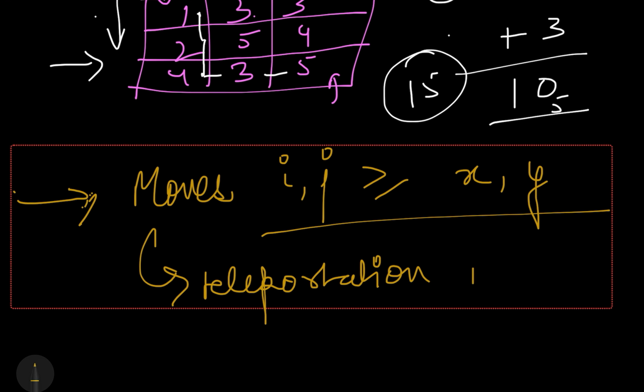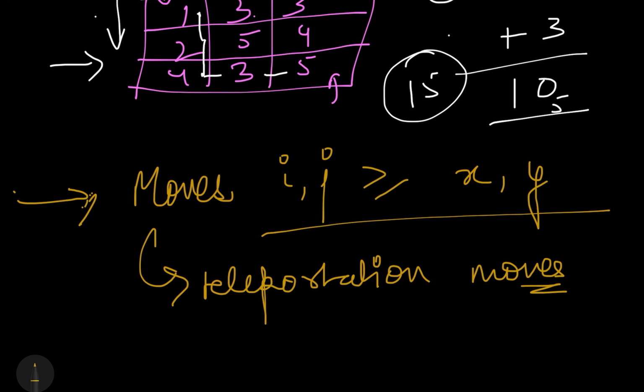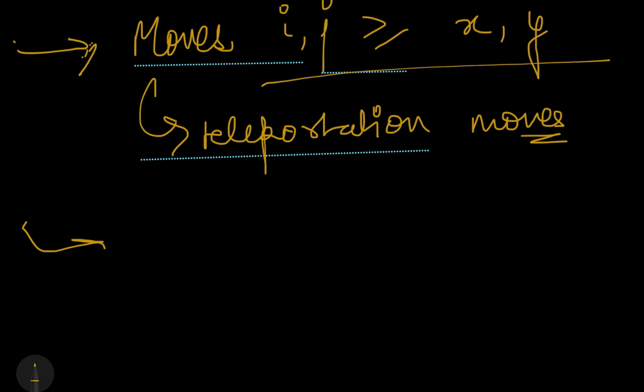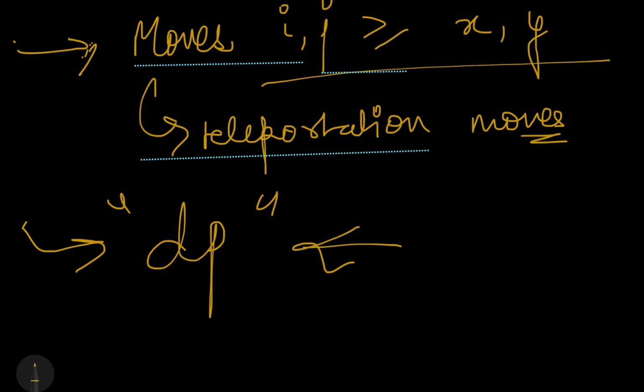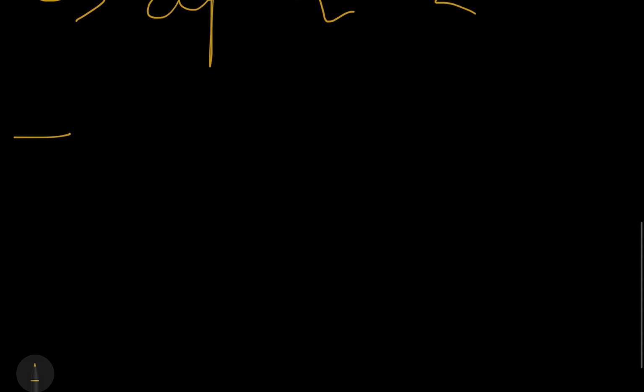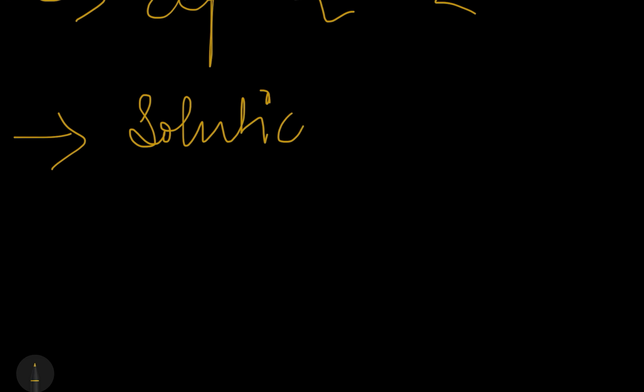And if we find our teleportation moves, then we can easily implement a general dp with the teleportation criteria. Now let's see with the help of the solution how we can solve this.